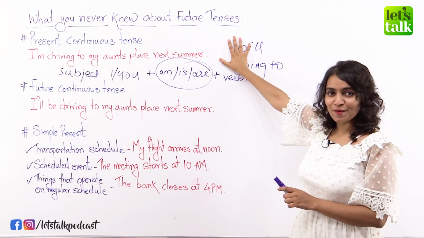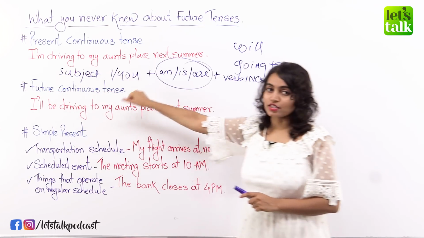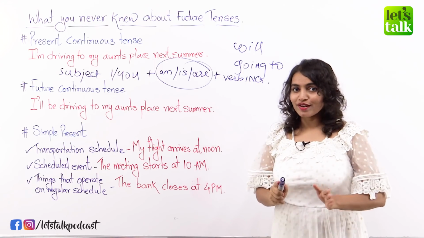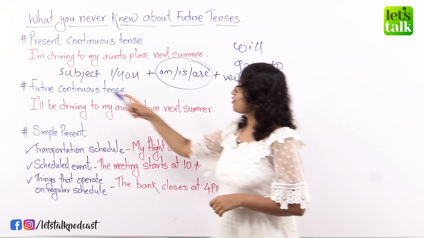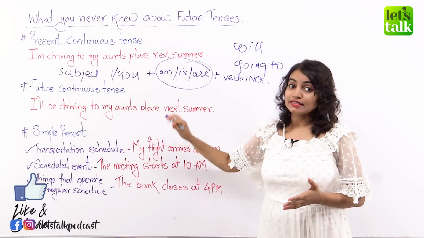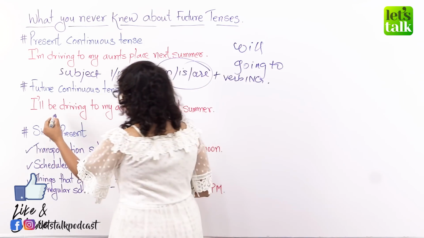Okay, I have another way that I can talk about the future and not use will or going to. That is by using the future continuous tense. But before we look at the sentence, let's understand the formula to use the future continuous tense. Of course, if this has got a formula, this one also has to have a formula, right? Okay, what is the formula?